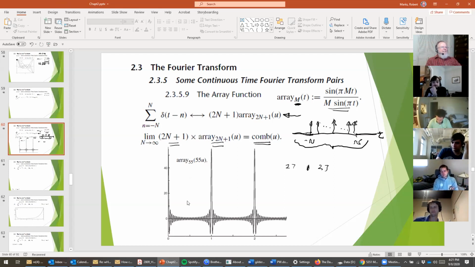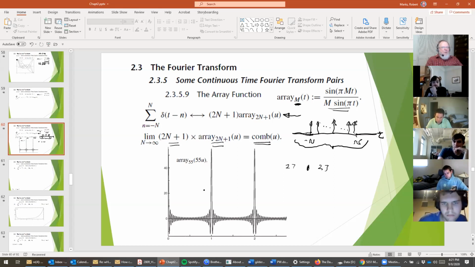The point is not simple arithmetic division. It's that as we set n as equal to a very, very large number, this begins to approach the comb function, doesn't it, in the frequency domain? This is the array function for very large values of n. And we see that indeed we do.